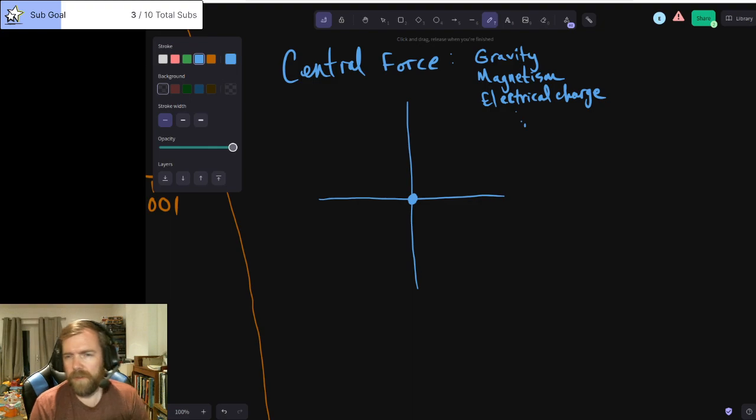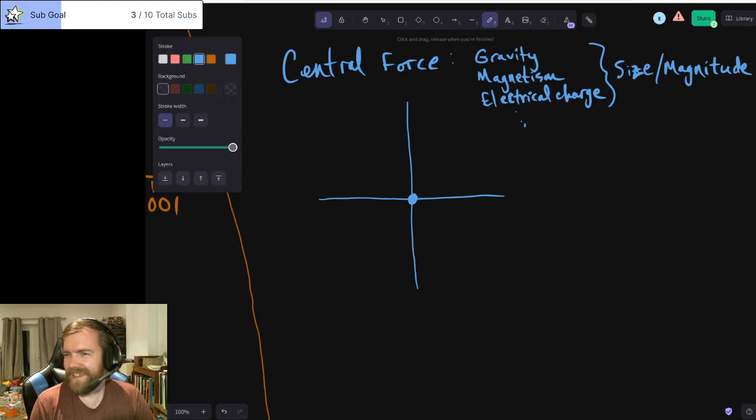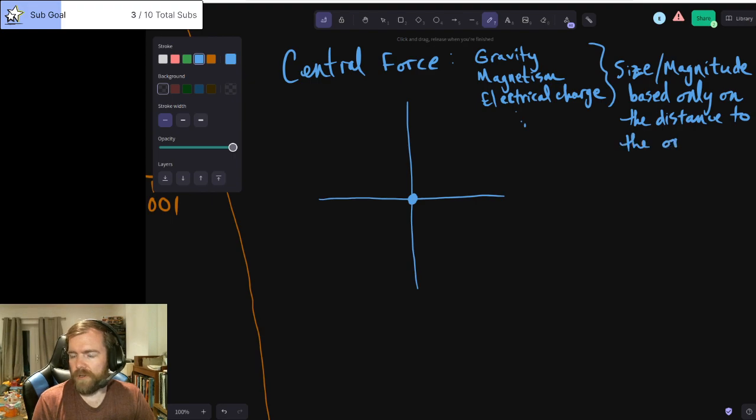I definitely don't have an exhaustive list anywhere, but the size or magnitude is based only on the distance to the origin point in this particular case.